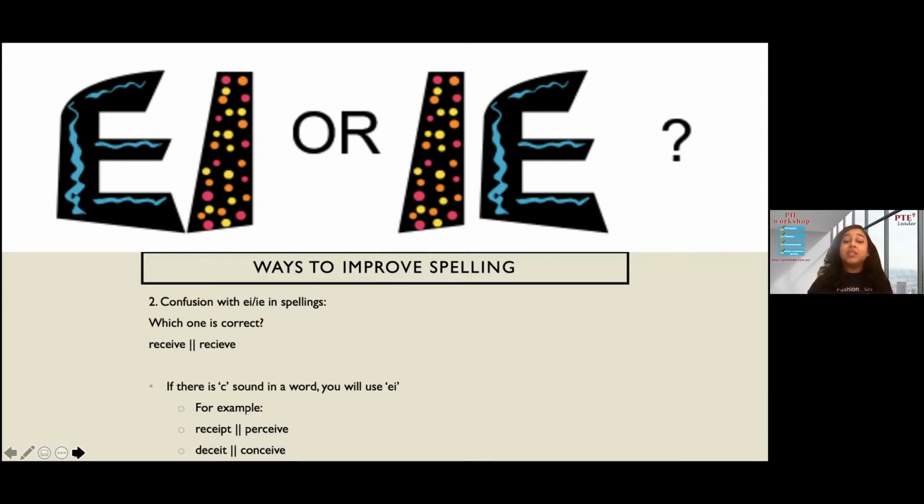That's why the correct spelling for the word receive would be R-E-C-E-I-V-E. In the same way, receipt, deceit. Whenever you are confused with a word, pronounce it and see if you're pronouncing the C sound. If the answer is yes, you will use EI. So this is one very interesting way.